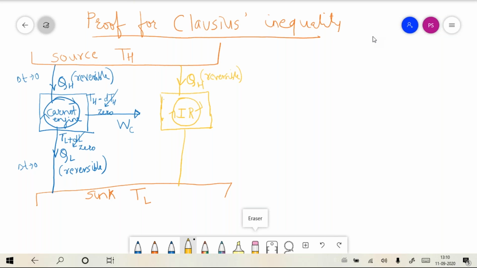Now this engine is an irreversible engine, and because it is a different engine, the heat rejection would be something else, and the work output also would be something else. Let us call this WI.